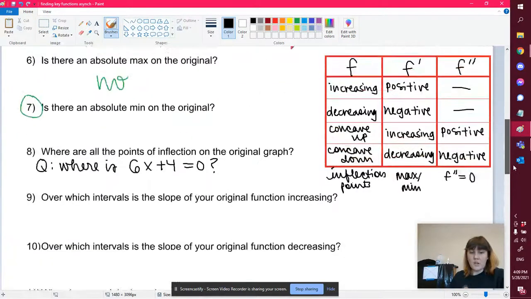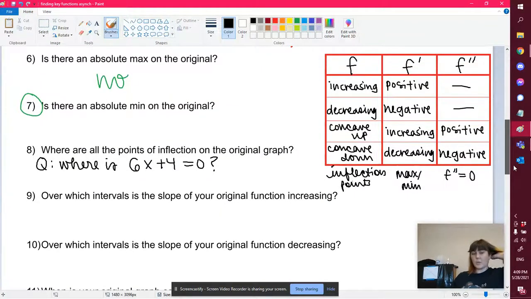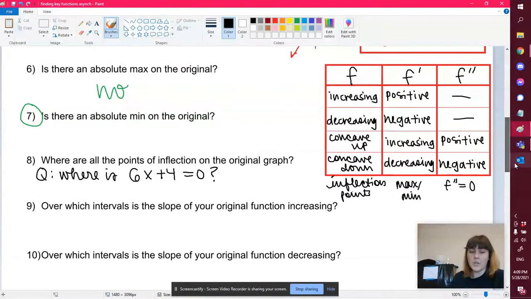8 through 12 are all going to turn into these algebra questions. We can rewrite number 9 as over which intervals is the slope of your function increasing. So we look at slope, we look to where it says increasing.